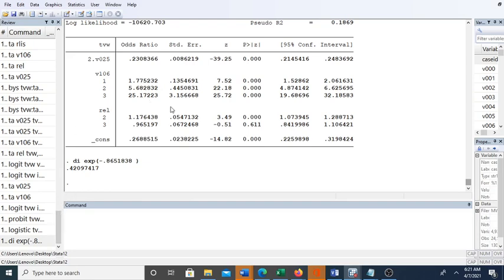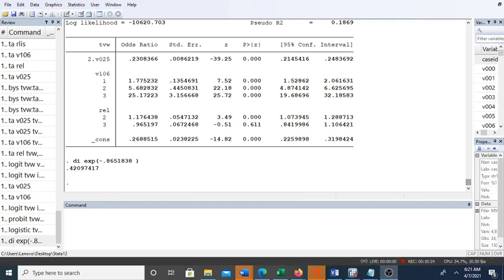Now odds ratios explain values between 0 and less than 0. So this one is a negative value because it is point. This one is positive, positive, positive, positive, negative, negative. So that's the way an exponential, an odds ratio, is used. Let me pause a little bit and continue.